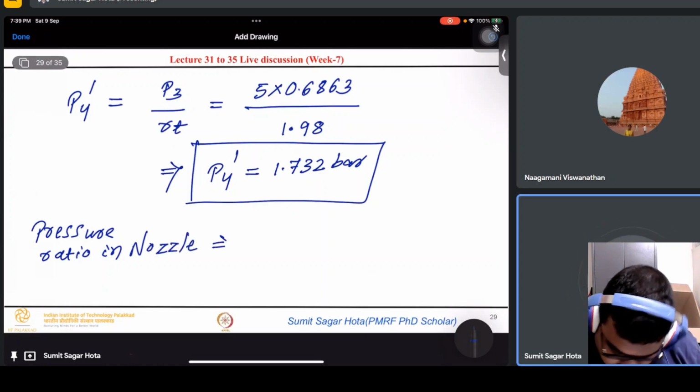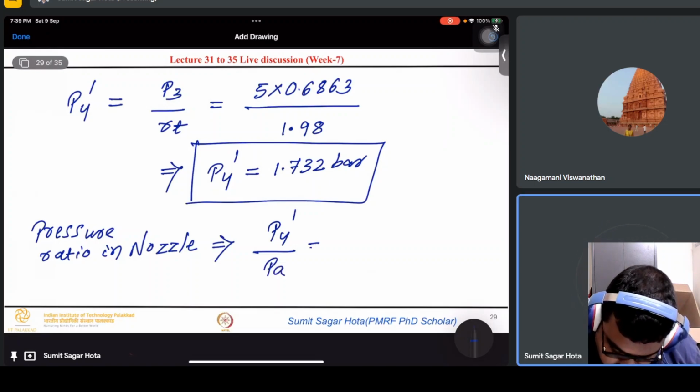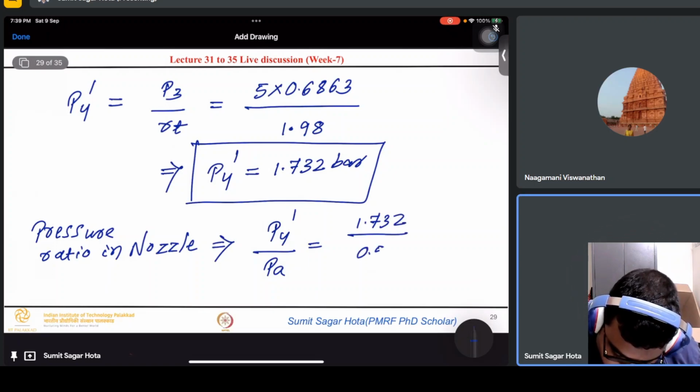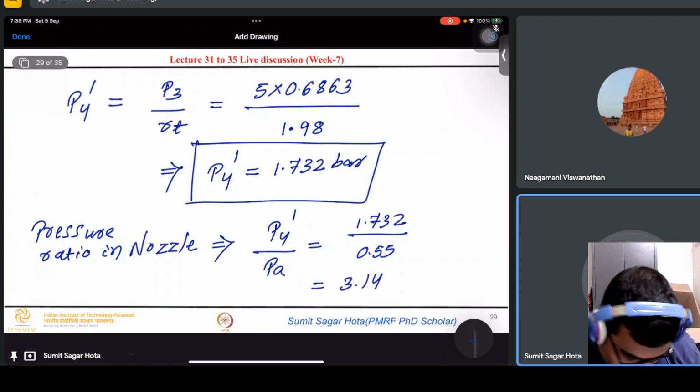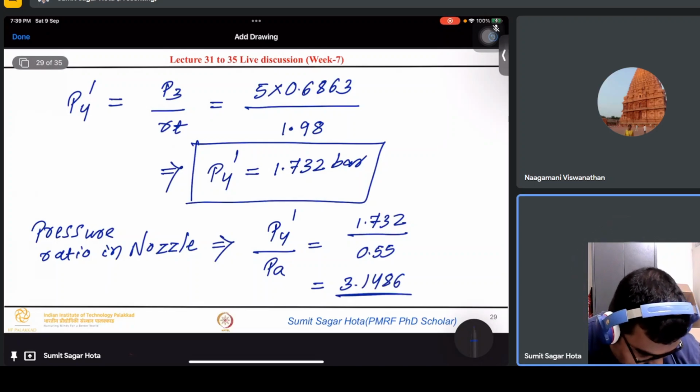Okay, directly not mentioned, but this can be your question. P4 dash divided by PA. What is the value? 1.732, and PA is 0.5. The value is 3.1486. Okay.